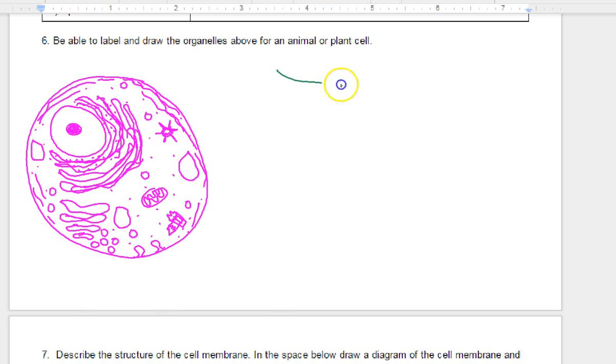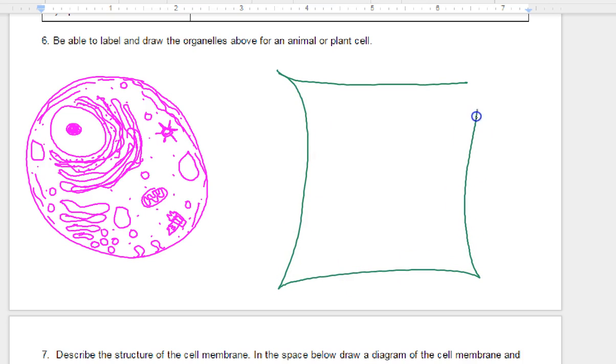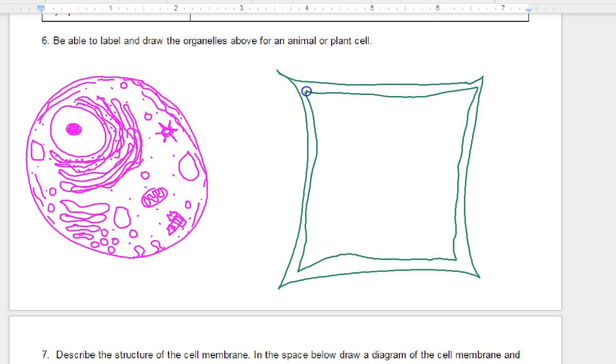Our plant cell is going to be a little more rigid. It's going to have this cell wall here, and then on the inside of that, we're still going to have our cell membrane made out of phospholipids. Okay, we'll still have our nucleus, and we'll have a nucleolus in there. Probably won't have any of our lysosomes, but we're going to have mitochondria.